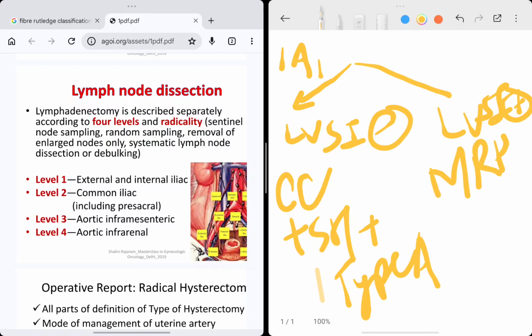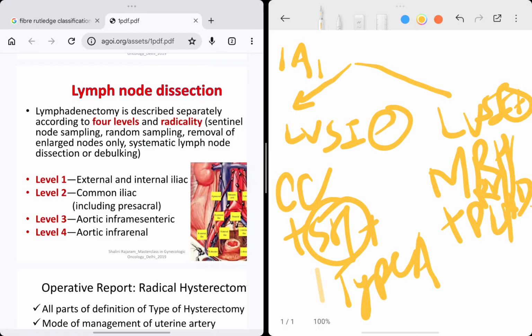So one step ahead, here we offer the extrafascial hysterectomy and here modified radical hysterectomy. Along with that, pelvic lymph node dissection is also done. Another option we can offer, if modified radical hysterectomy is not preferred, is radical hysterectomy.